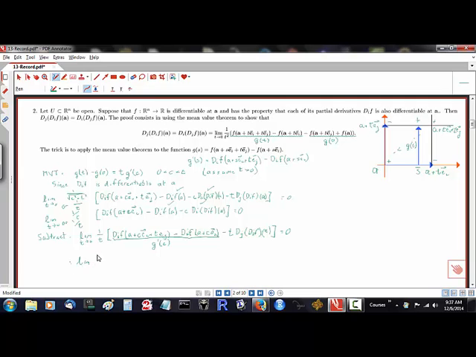So the limit as t approaches 0 of 1 over t squared. Why 1 over t squared? Because I'm going to replace this g prime of c by g of t minus g of 0. But when I do that, I'm supposed to divide it by t. I put the t out there.